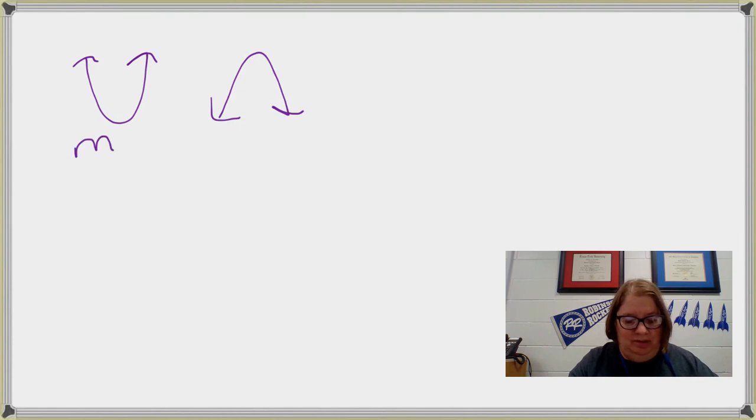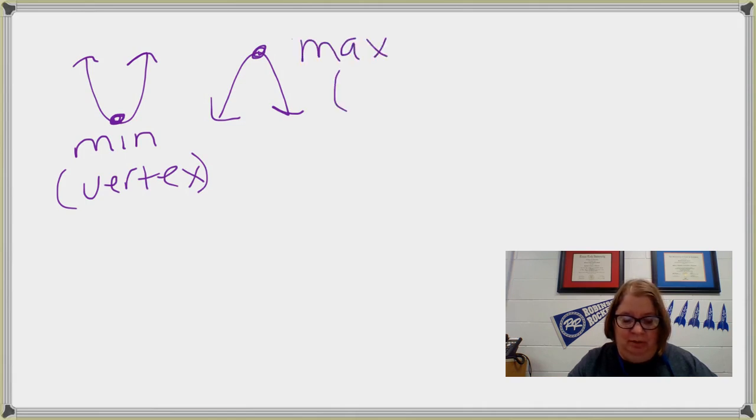If they open up like this, then this vertex is a minimum. And if this opens down, then this vertex is the maximum because it's the highest point.